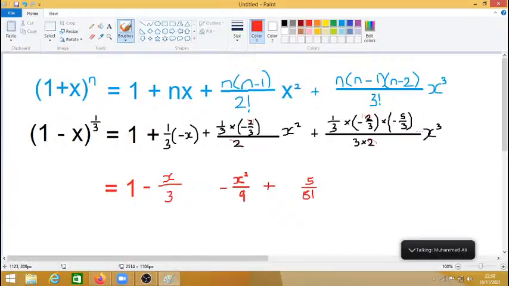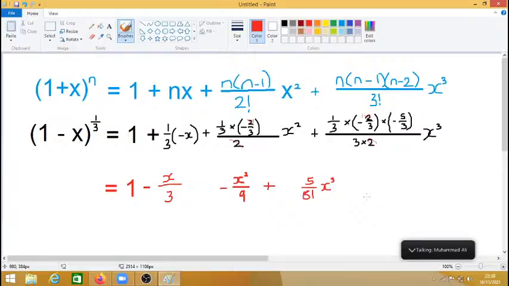And that's x cubed. So a lot of the fractions there I did by hand, but remember you've got a calculator in the exam, so you can just do that on a calculator.